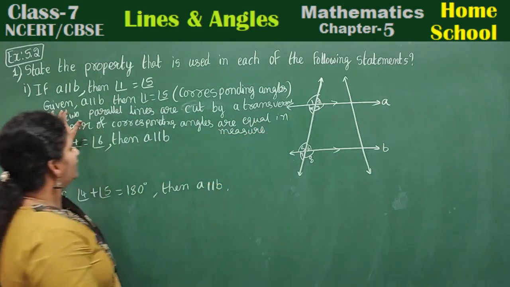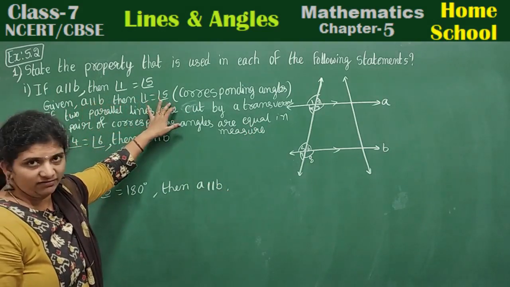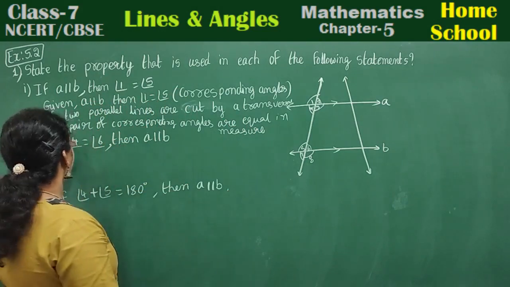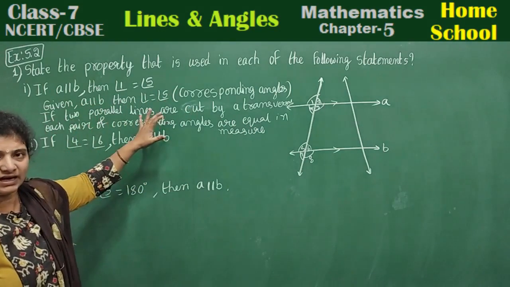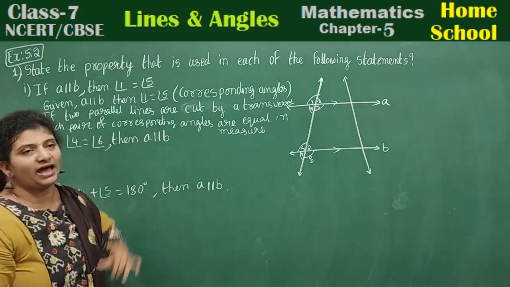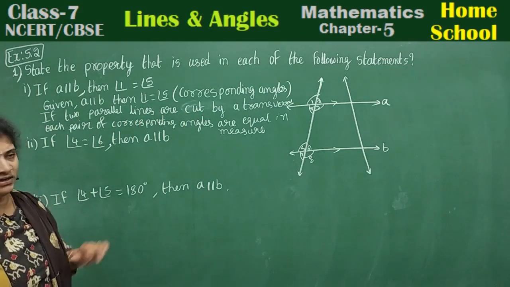What is the statement we write here? What is the property? Given A is parallel to B, then angle 1 is equal to angle 5 by corresponding angles property. That is, if two parallel lines are cut by a transversal, each pair of corresponding angles are equal in measure. Let's see the second statement.